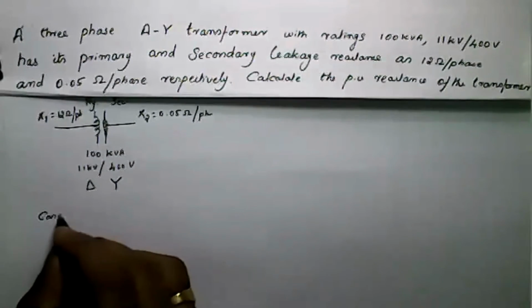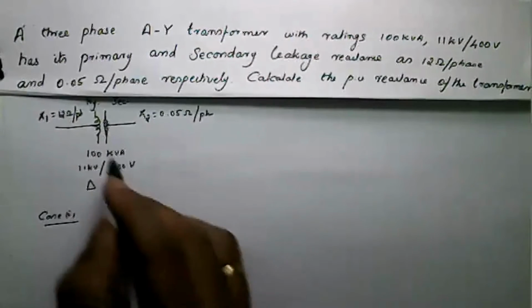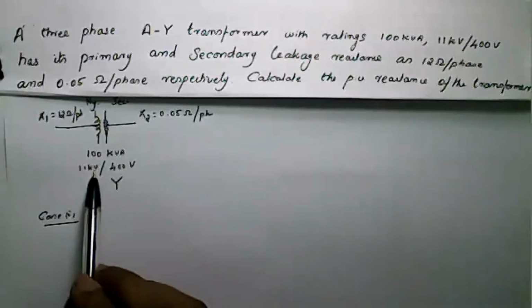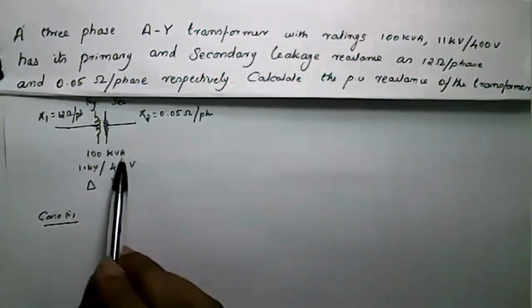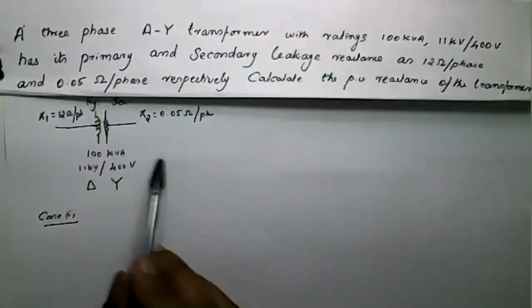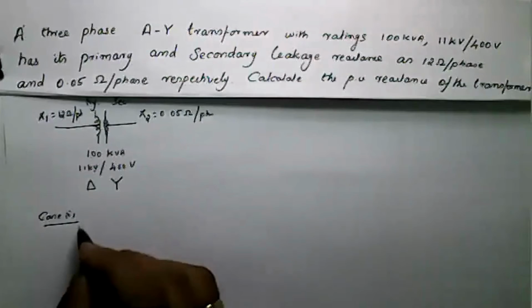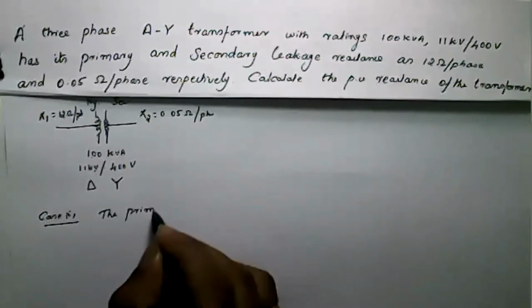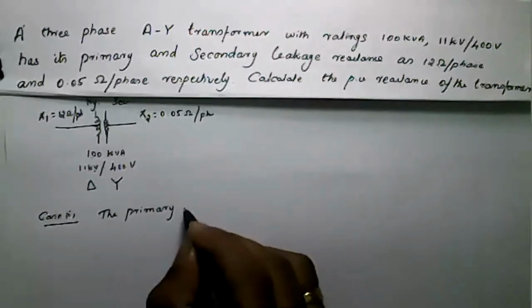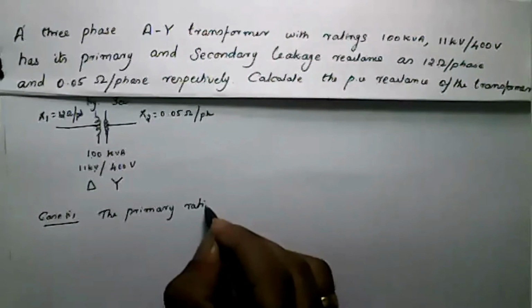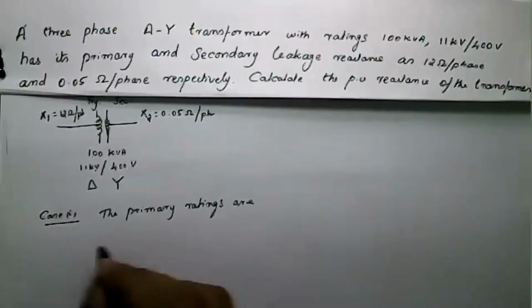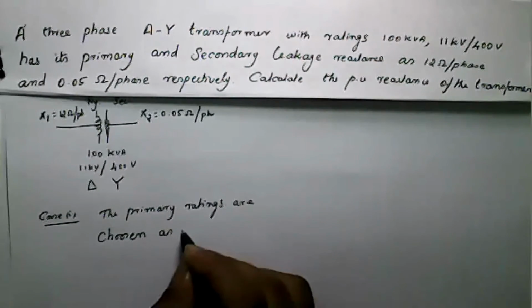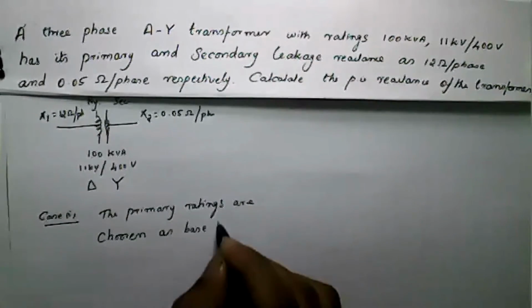First, I choose the primary side rating as the base value. Here, 11 kilovolt is chosen as the new base value. The 100 kVA power rating is common for both sides. Primary ratings are chosen as base value.